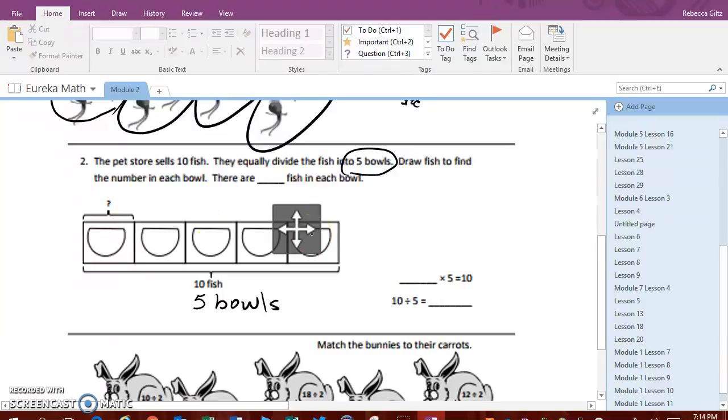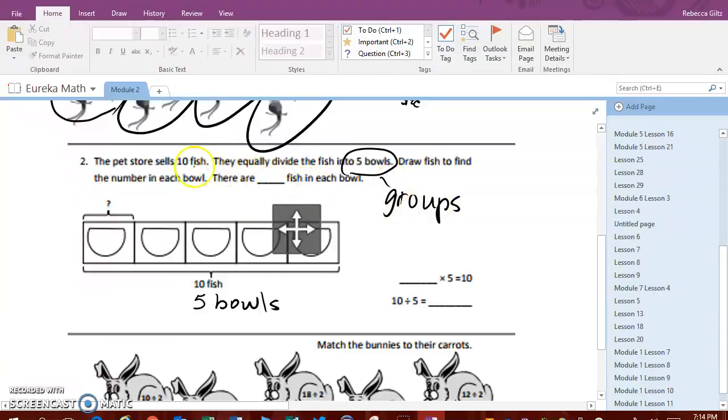Okay? So remember, your groups is usually something that holds something else. Okay? The fish in this word problem are repeating. There's the same number in each one, so that's the size. Whatever is holding that repeating number is your groups.